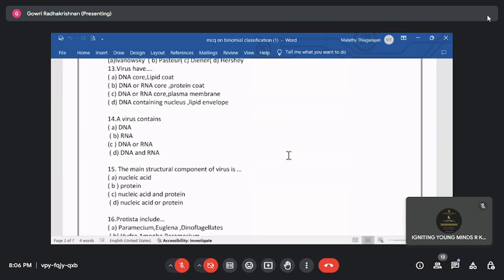All viruses need not have both DNA and RNA; they will have only one of the two, and they definitely have a protein coat. What is the difference between viroids and viruses? Viruses have a protein cover, whereas viroids don't. Yes, very good.